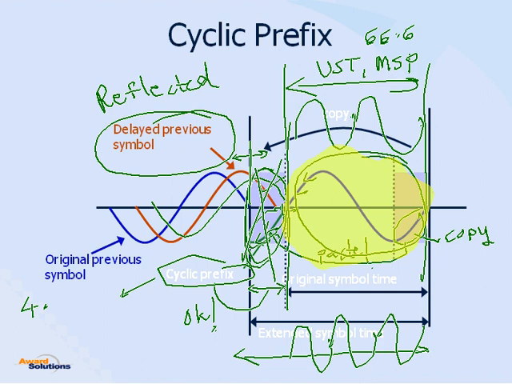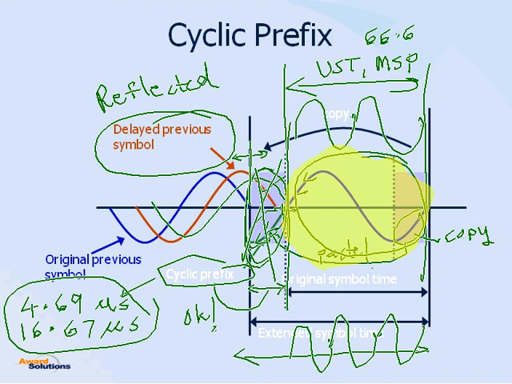We have 4.69 microseconds, that is one value, and we have 16 microseconds, that is another value. So 2 values are supported. If you are a service operator, then you will pick one of the numbers in a given geographical area, and that will take care of your inter-symbol interference.